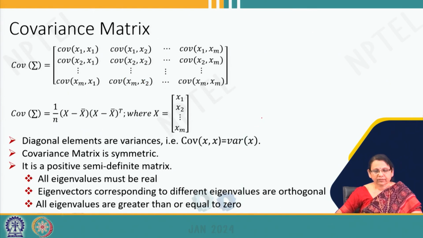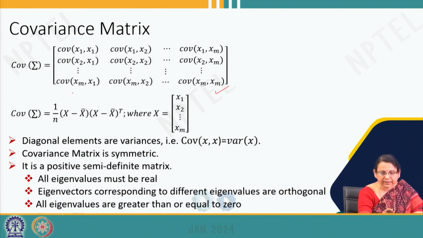Moving ahead, if we have a total of m number of attributes, then connecting one variable with another, we have an m cross m covariance matrix. And what is x here?